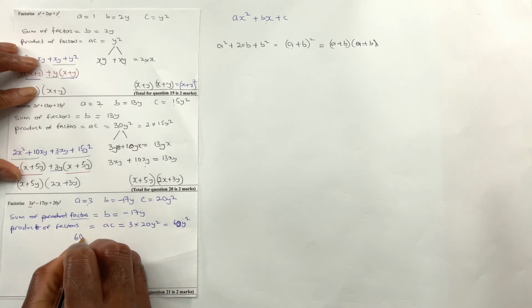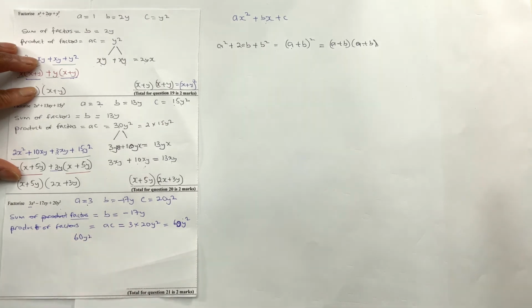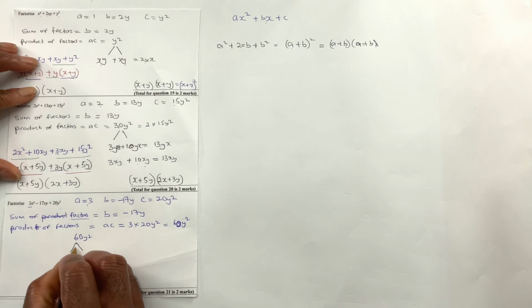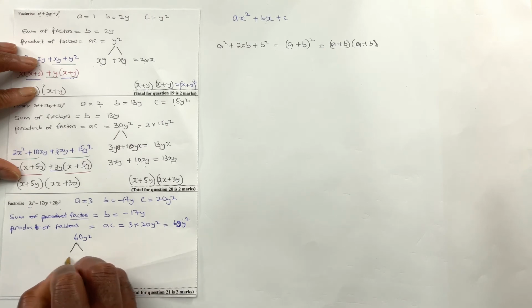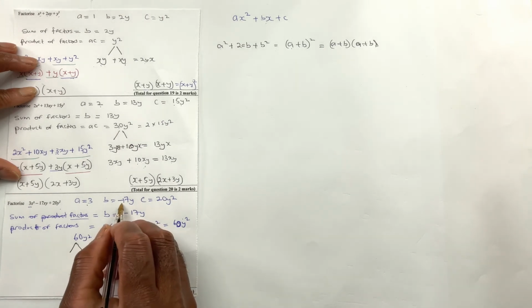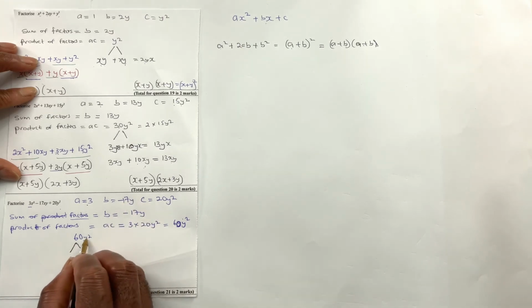With 60y squared, I need two numbers that I could multiply together, and then if I add them together, they'll be equal to minus 17y. When I multiply them, it'll be equal to 60y squared.